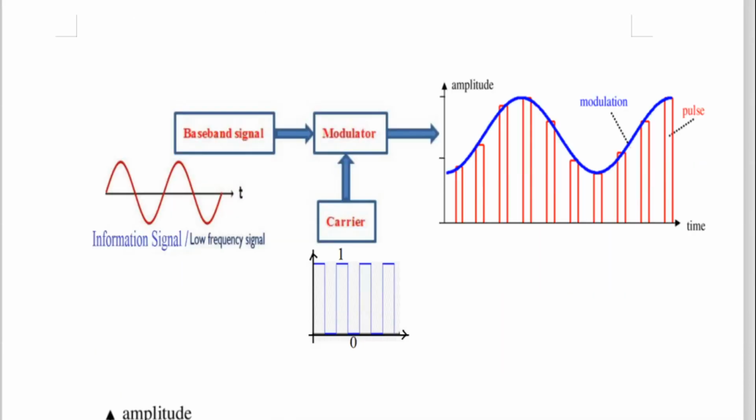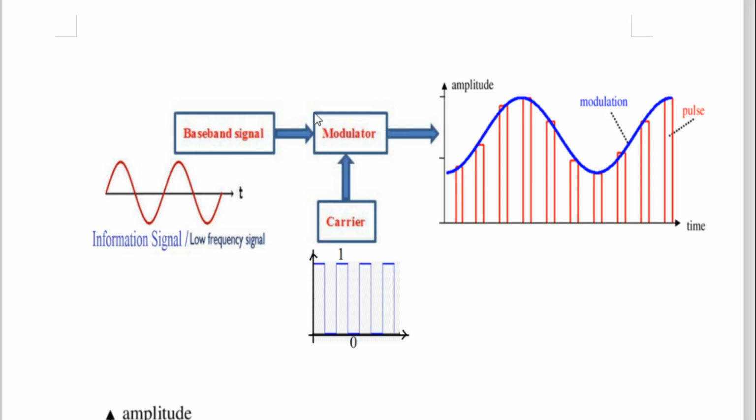Now we'll go to the block diagram of pulse amplitude modulation. In pulse amplitude modulation there are two types, namely single polarity and dual polarity, which we are going to study. In the block diagram, as the name says, it is modulation, and you know that in the process of modulation a modulator is used.